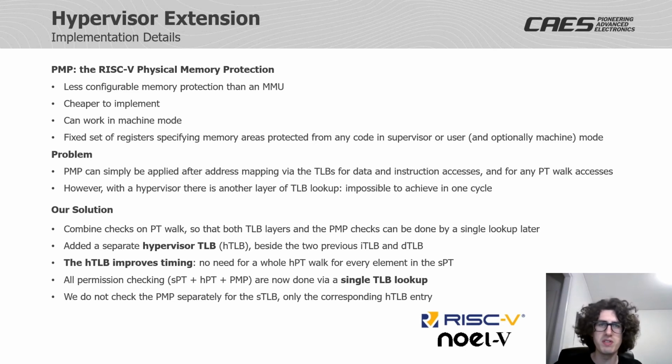To achieve this, we added a separate hypervisor TLB or HTLB beside the two previous instruction and data TLBs. Since we don't need a whole hypervisor page table walk for every element in the supervisor page table, the HTLB improves timing.